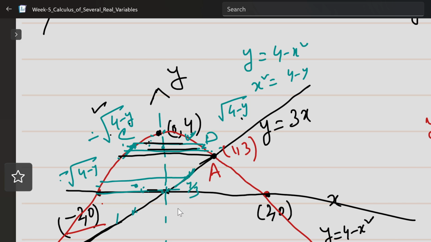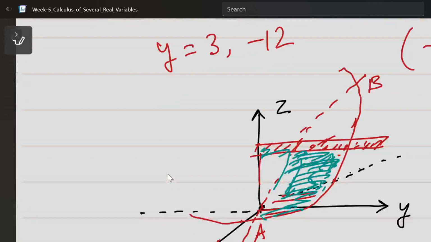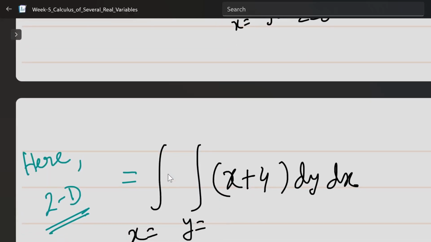So it will be more complicated. So for this, I take a vertical strip, not a horizontal strip. It can be solved using a horizontal strip also, but I am taking a vertical strip. So y varies from 3x to 4 minus x square, and x varies from minus 4 to 1. Did you understand this?